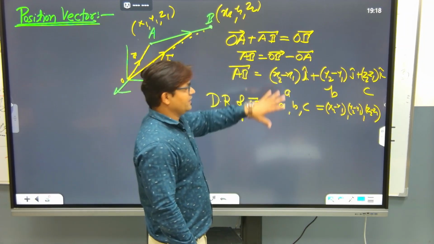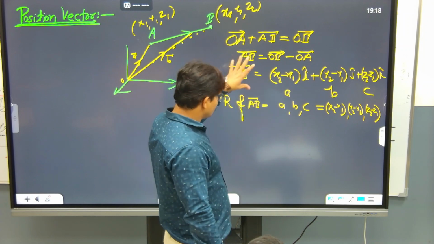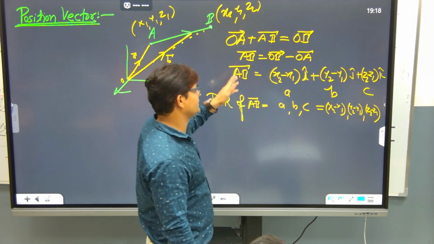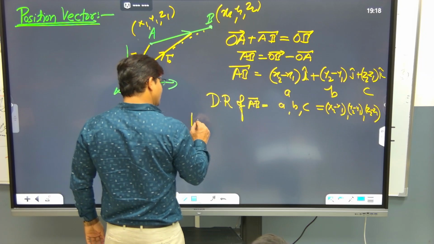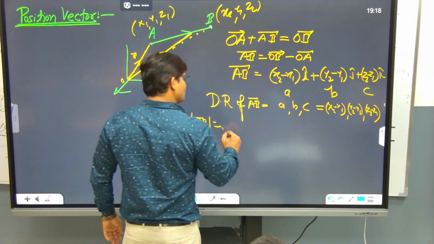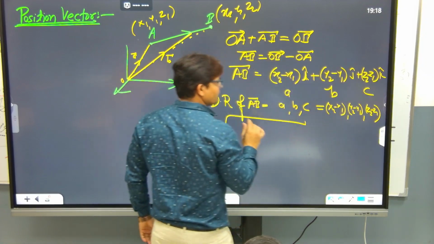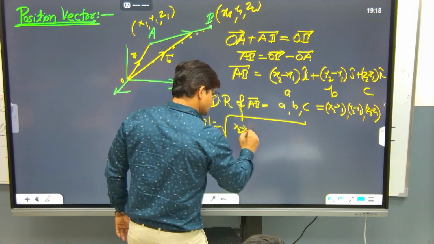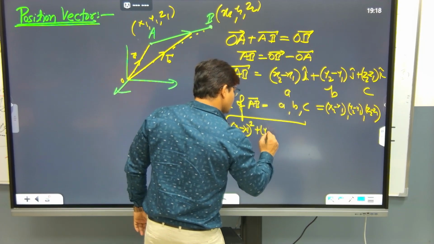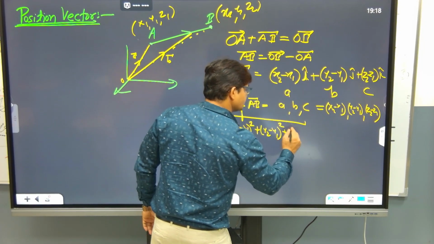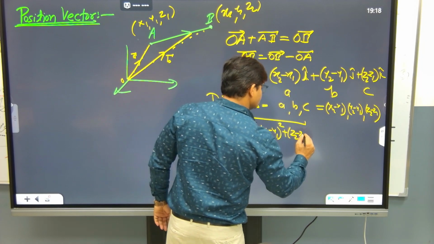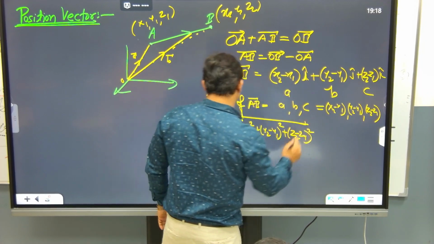This is a vector. If we calculate the magnitude of this AB vector, the magnitude of AB vector is root of the component of i cap squared, component of j cap squared, component of k cap squared, or the scalar components of x axis, y axis and z axis. This is our magnitude.